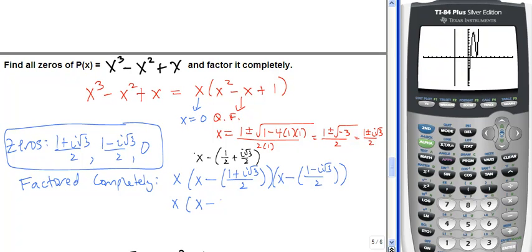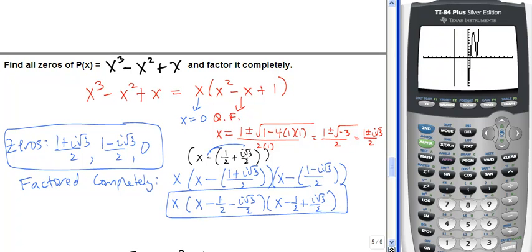So if I were to distribute that negative, this is just an option, you don't have to do this, you could see this written as x minus a half minus i root 3 over 2. And this one would be x minus a half as well, but the minus minus would become plus i root 3 over 2. So that's just another way to write it as two separate fractions, if you want to.